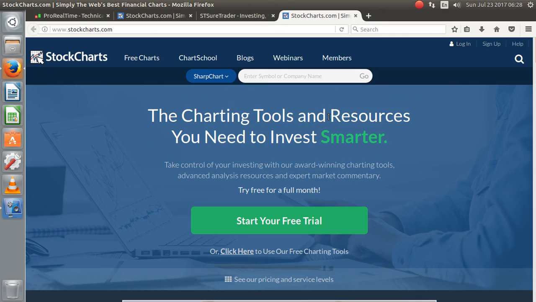Whether you're trading in the Indian stock market, or US stock market, or even commodities, or foreign exchange market, stock charts right here. Stockcharts.com is a very important tool to use.